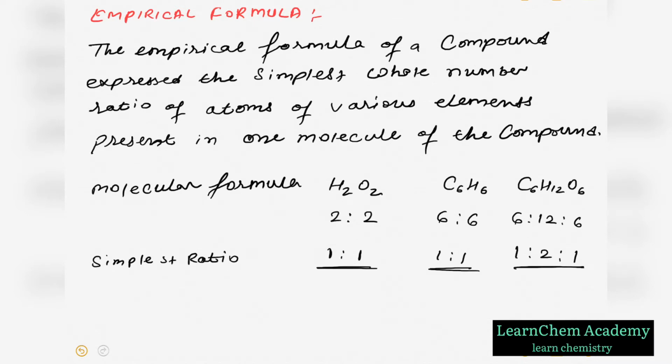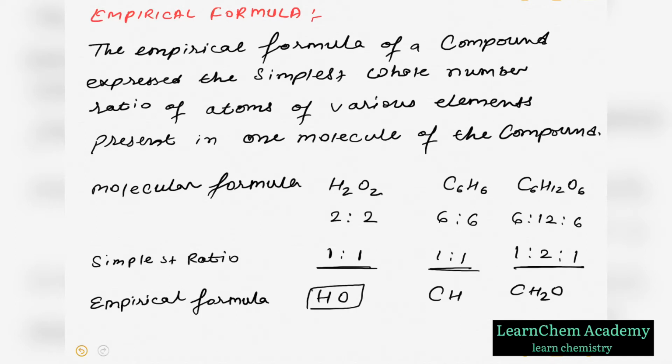So we can write their empirical formula. Here we can write HO, H1O1, here C1H1, this is CH, and here C1H2O1. So this is the empirical formula of H2O2, this is the empirical formula of benzene, and this is the empirical formula of glucose. This is the way to represent the empirical formula of any compound.